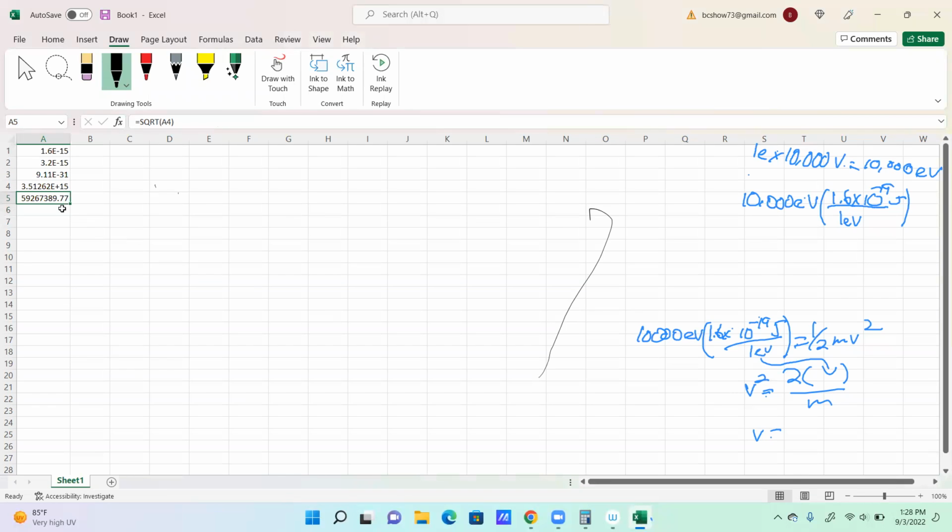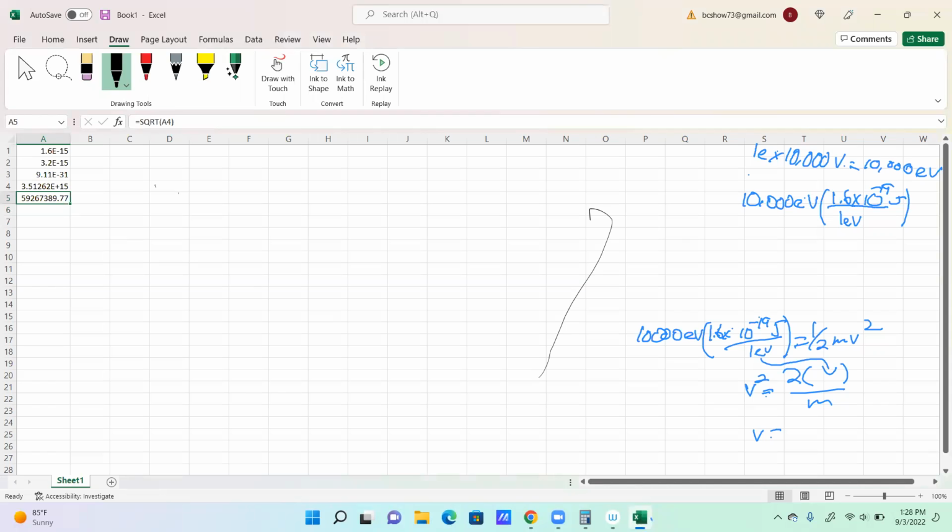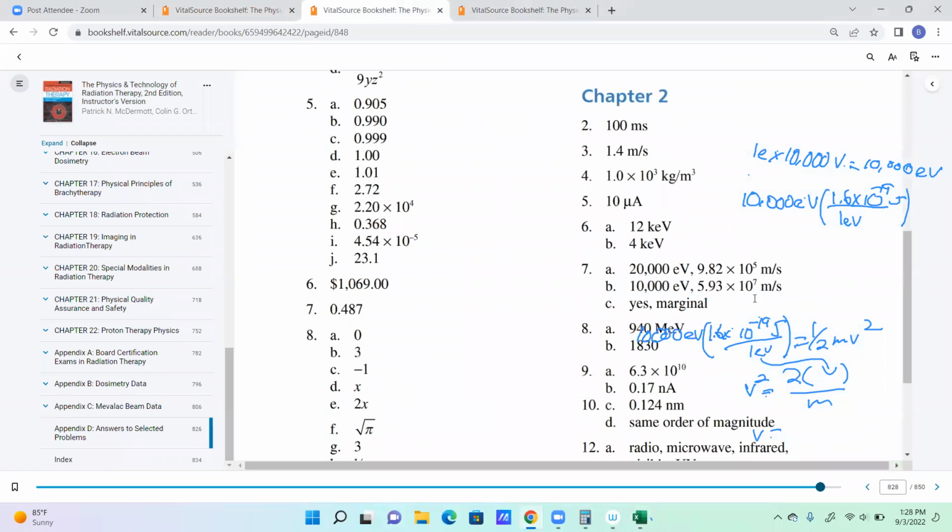So I get 389,26759. Is that close to the answer? 5.93 times 10 to the 7th. Indeed, that is what we have. So this ends up being 5.93 times 10 to the 7th.